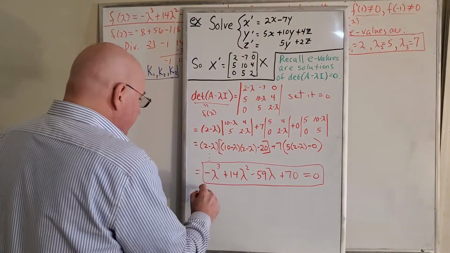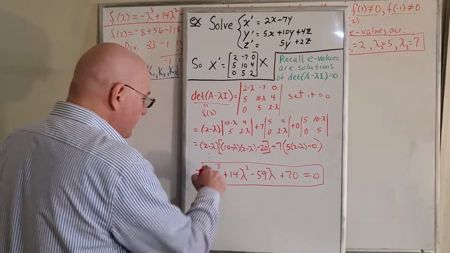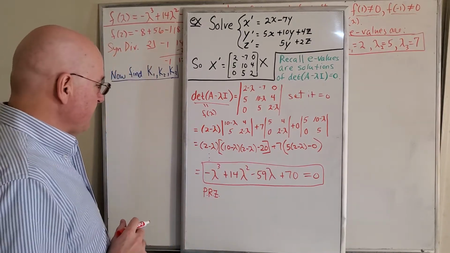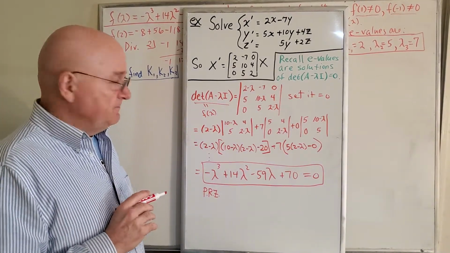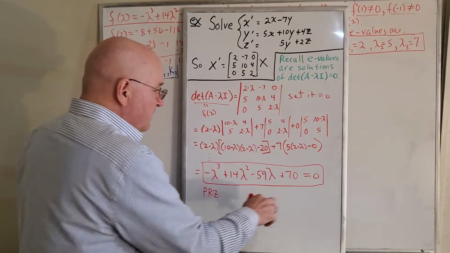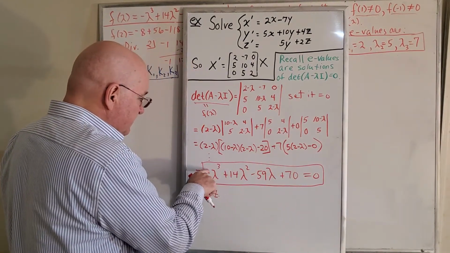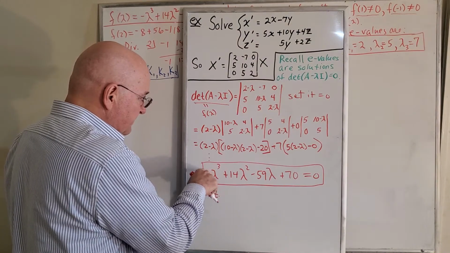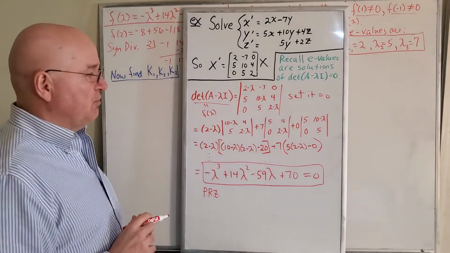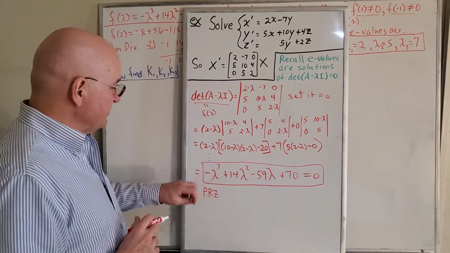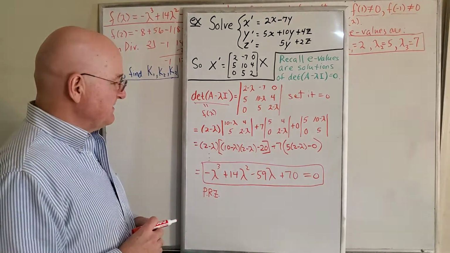So, going back to pre-calculus, when you have a polynomial set equal to 0, the only rational numbers that could possibly be zeros are all of the factors of the constant term divided by all of the factors of the leading coefficient. Since this is a 1 or a negative 1, we're not going to have any fractions, so that's nice.